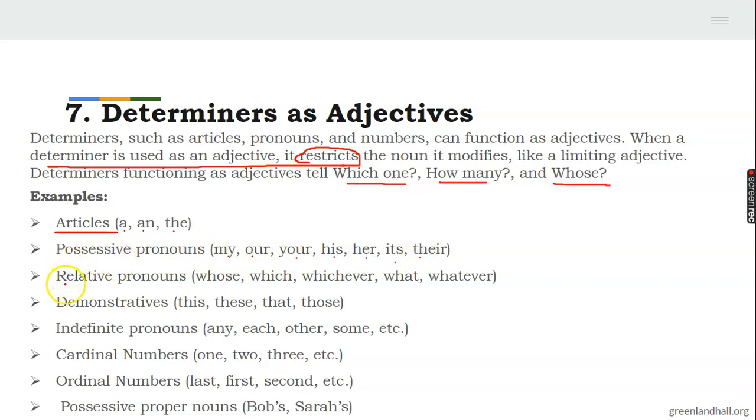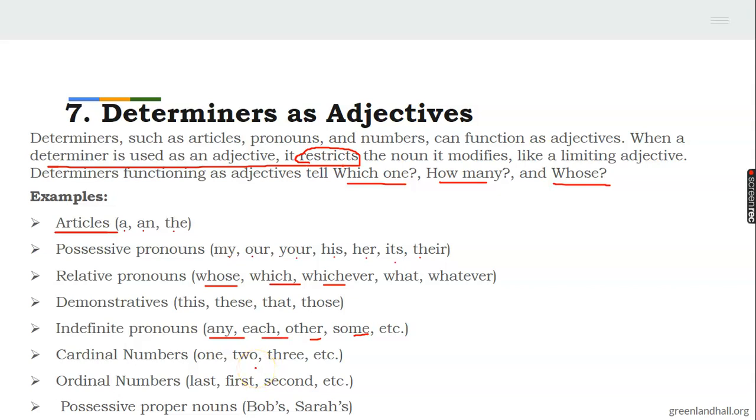Then we also have relative pronouns: whose, which, whichever, what, whatever, and so on. There are more than that. Then we have demonstratives: this, these, that, those. We also have indefinite pronouns: any, each, other, some, etc. We also have cardinal numbers: 1, 2, 3, 4, 5, 6, on and on like that.